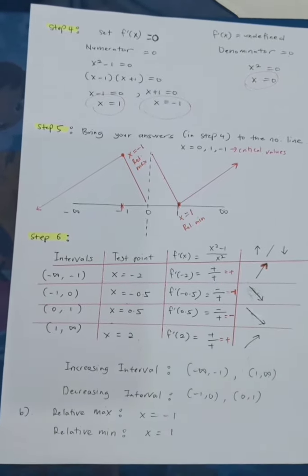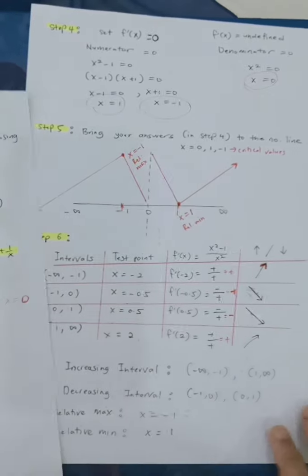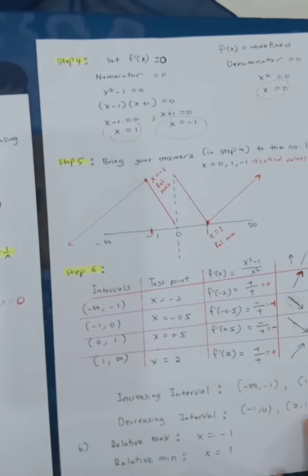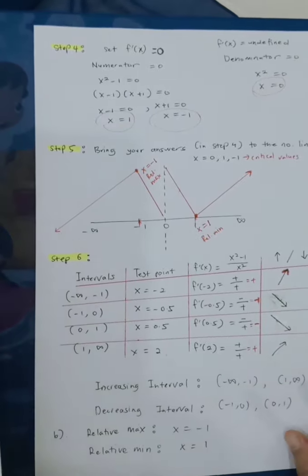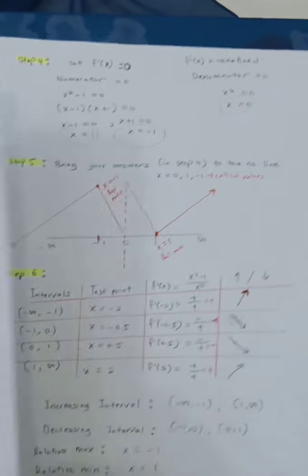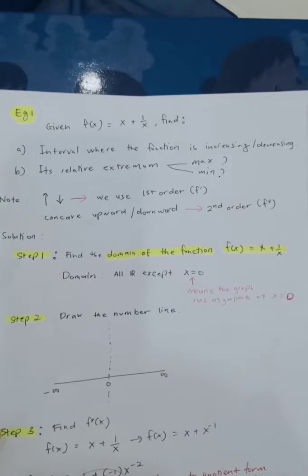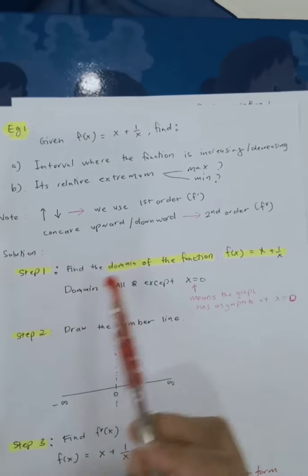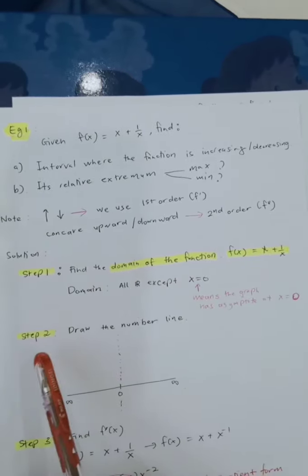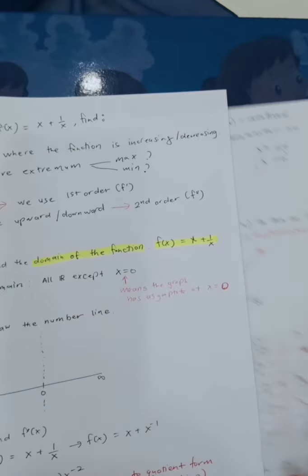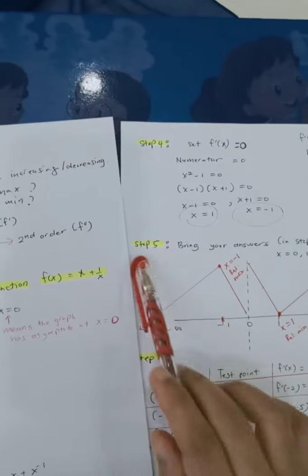We have 6 steps. Because this is an example, I show you in detail. Maybe you can write your own notes. Step 1, domain, you find the domain. Step 2, you draw the number line, which you use again for step 5.